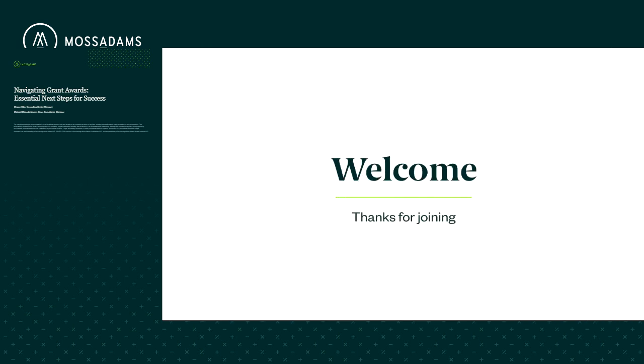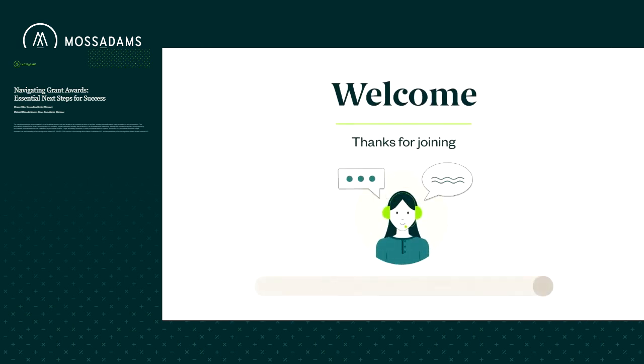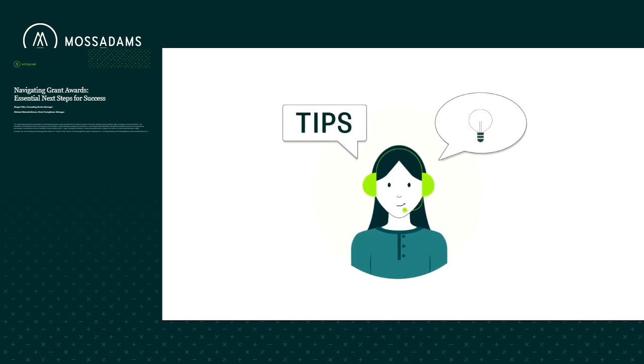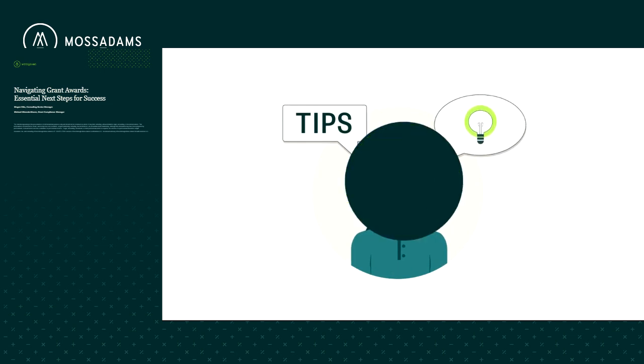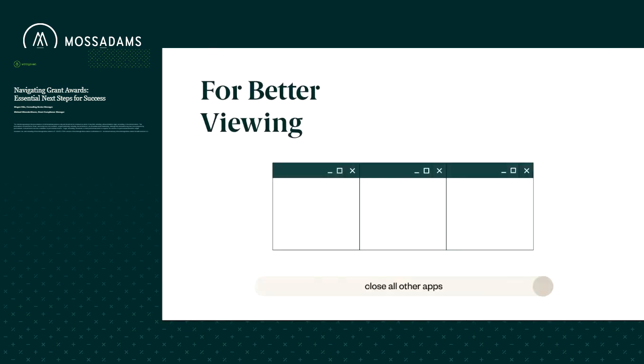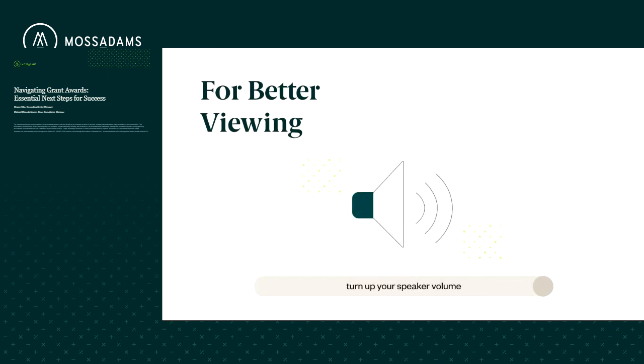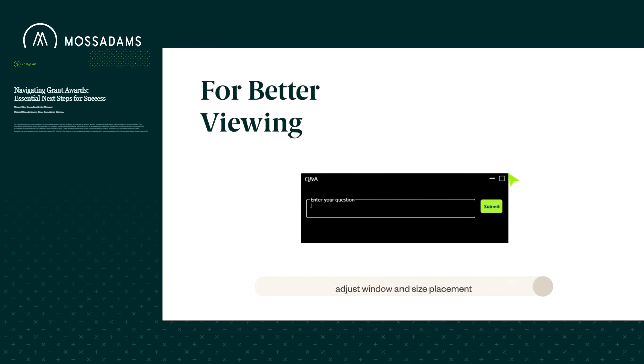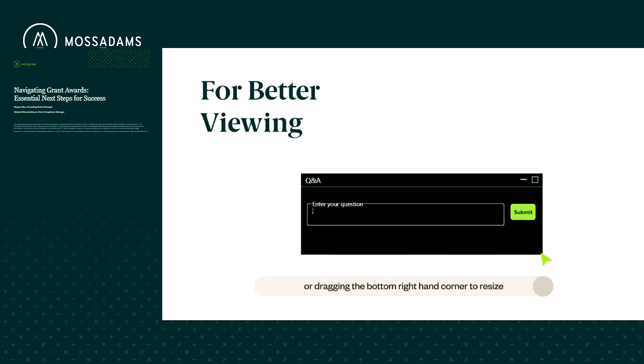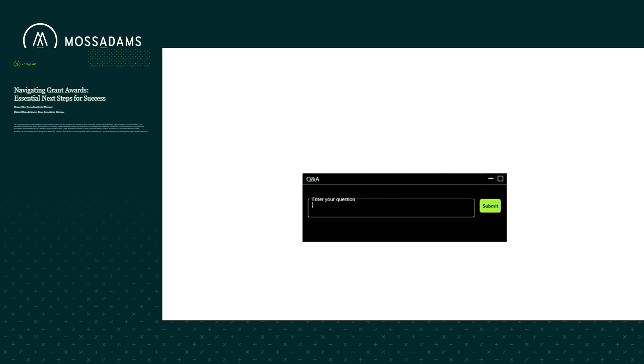Welcome, and thanks for joining. We're pleased to present our continuing professional education webcast series. Before we begin, please keep the following in mind. You can customize how you view our presentation and interact with the presenter. For better viewing, close all other applications and turn up your speaker volume. You can adjust window size and placement or enter full screen mode using the controls at the top right of the window or dragging the bottom right-hand corner to resize.